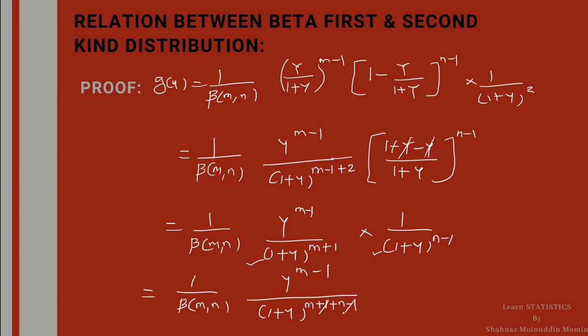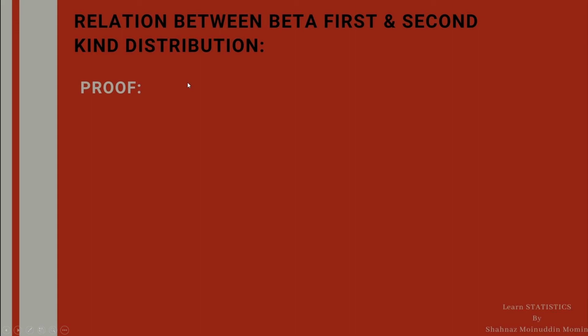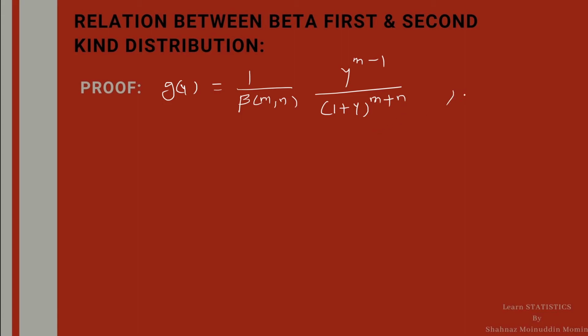Here plus 1 minus 1 get cancelled and we get the PDF of y as g of y is equal to 1 upon beta m n, y raised to m minus 1 divided by 1 plus y raised to m plus n, with y lying between 0 and infinity as we have seen earlier.